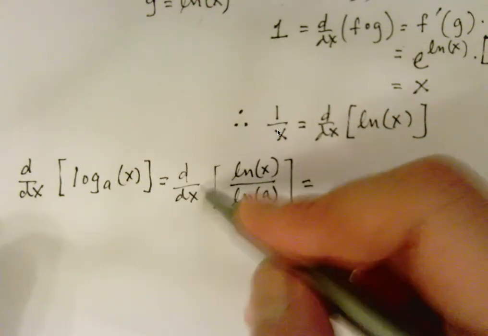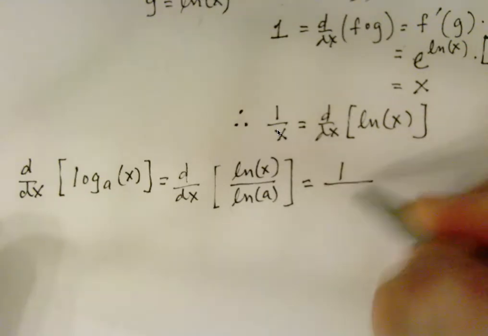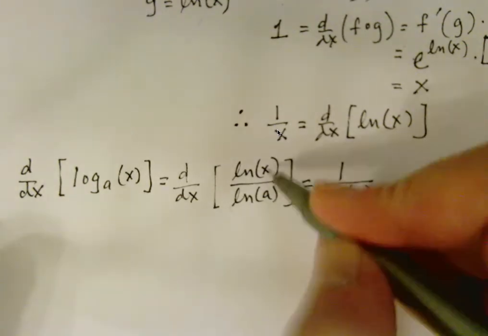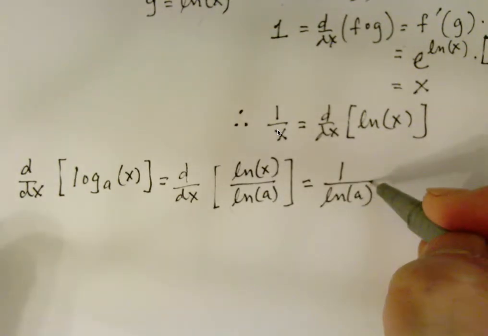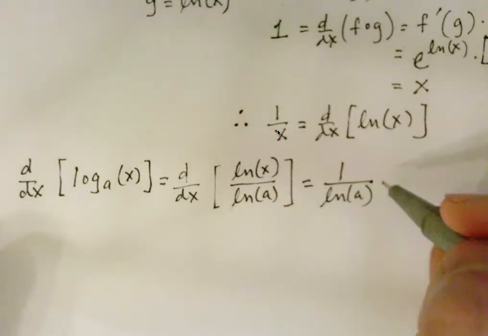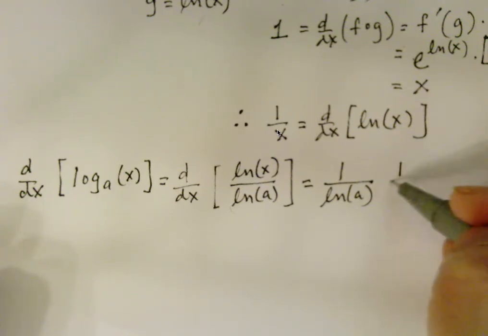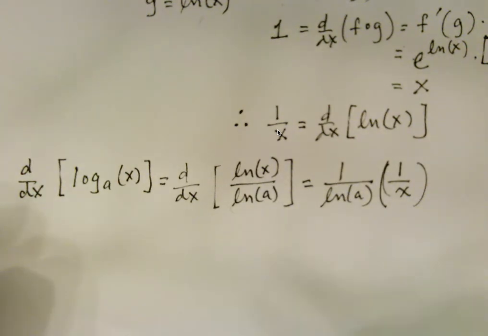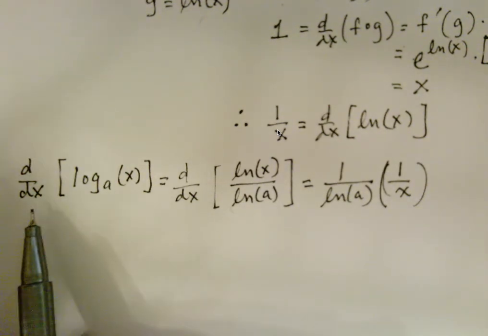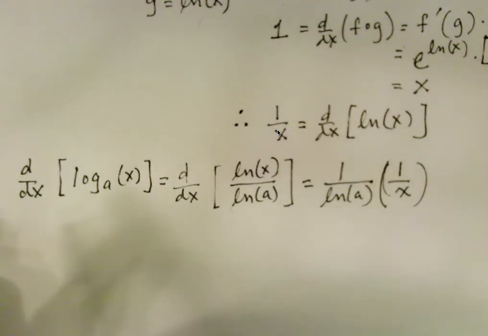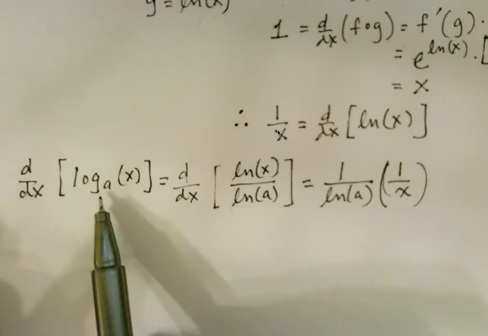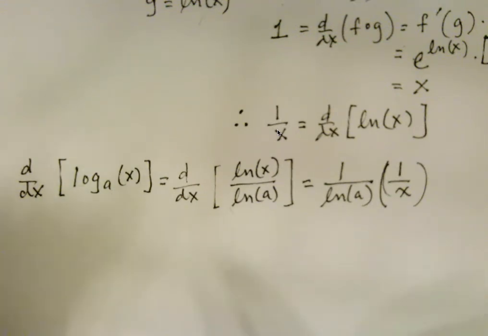Natural log of a is just a constant with respect to x, so we can pull that out. And we know the derivative of the natural log of x is 1 over x. So there we have it. We now have the derivative of natural log and the derivative of log with an arbitrary base a.